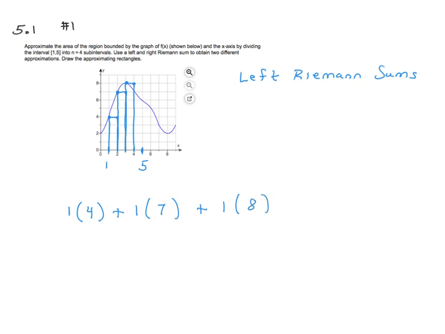We're almost done. I'm now going to add on that last rectangle. So for this subinterval from 4 to 5, again, the base is 1, so I'll put that down. But the height is 7, so right here. And let me write in that 7.